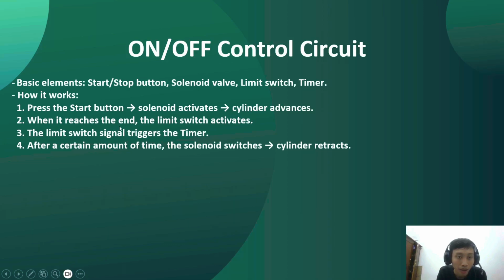When it reaches the end, the limit switch activates. 3. The limit switch signal triggers the timer. 4. After a certain amount of time, the solenoid switches and the cylinder retracts.